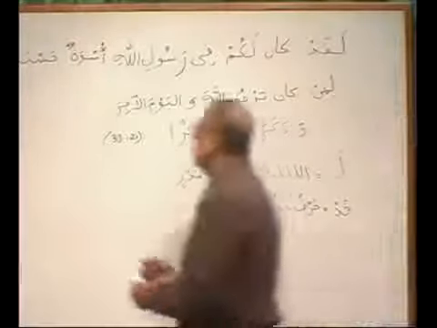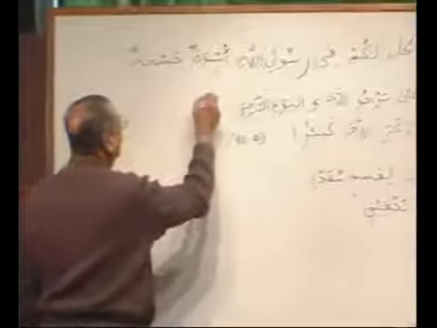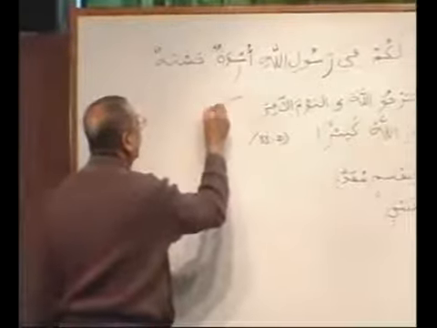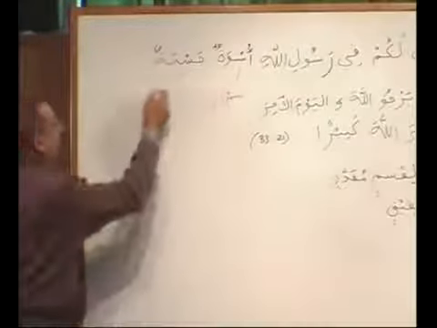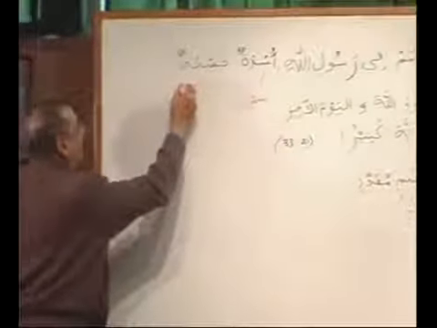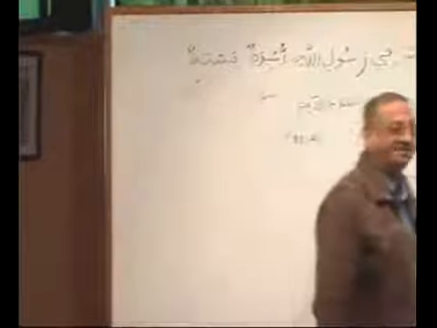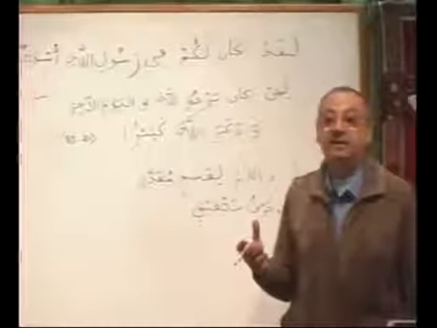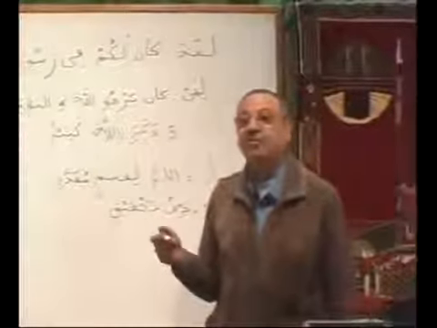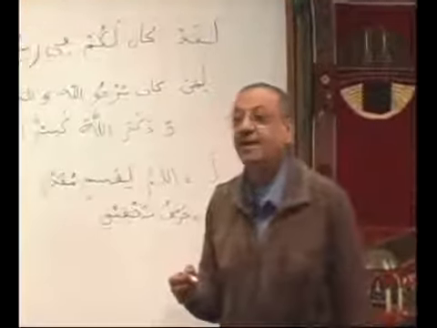Okay, brother, this is your ismu kana. What is this, brother? Not, mashallah. Not. Fine. What is lakum? Jarun majrurun. Okay, we cannot see khabar, which should be mansub. So lakum is your jar majrur, shibhu jumla, khabar kana.